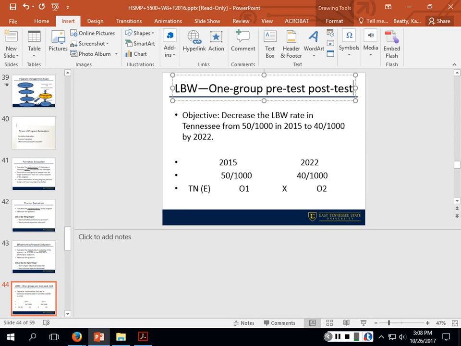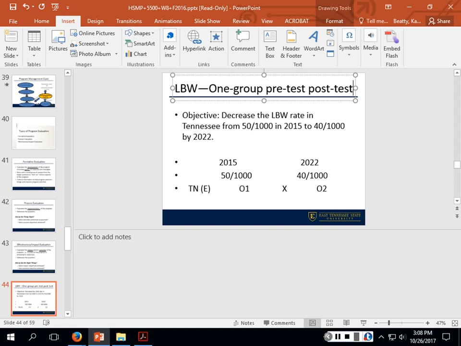We have one pre-test or pre-intervention observation, and we have one post-test or a follow-up observation. This is a non-experimental design, okay? Because again, it does not include a comparison group and it does not include randomization, and it's actually one of the weakest evaluation designs.